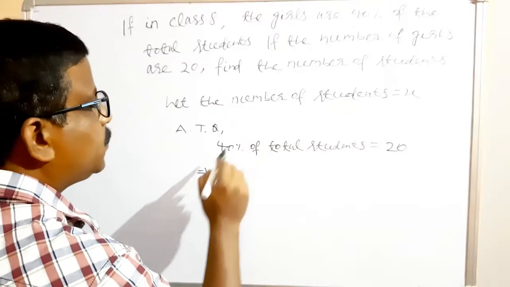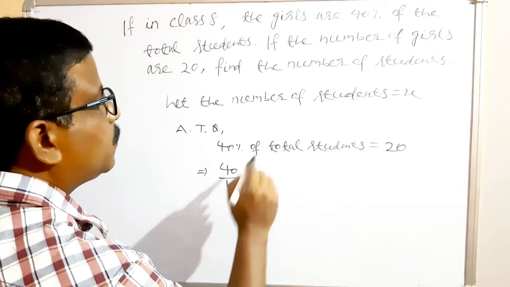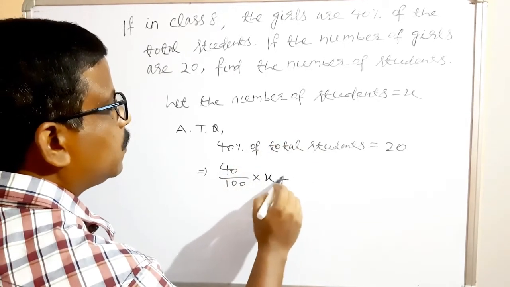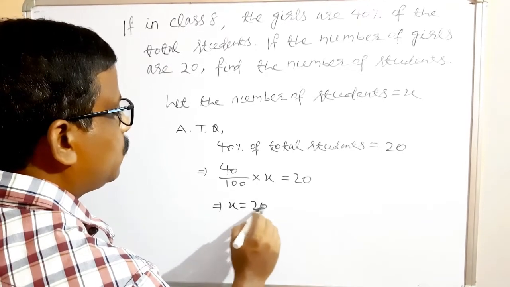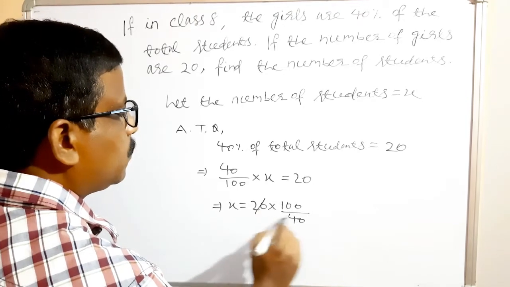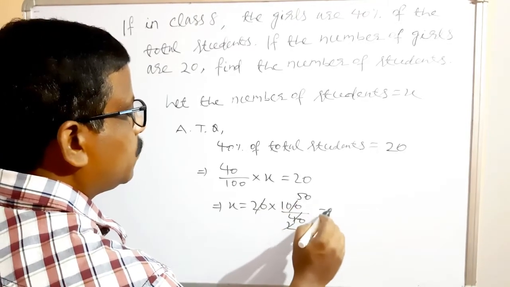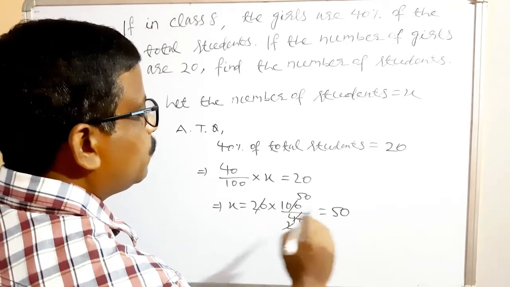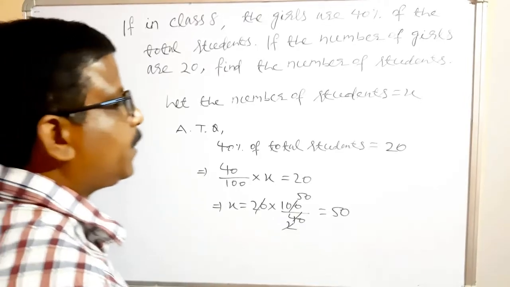So you have to change it into a fraction. 40 by 100 into x is equal to 20, implies x is equal to 20 into 100 by 40. Cancel, 50. So x is equal to 50. So the total number of students in the class is 50.